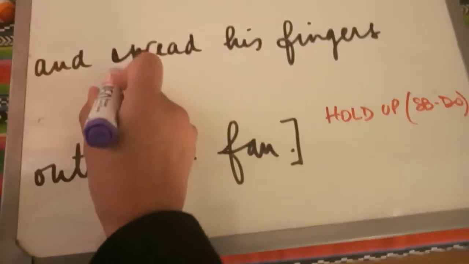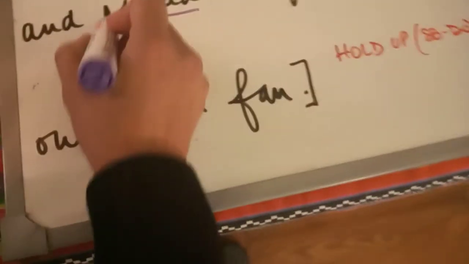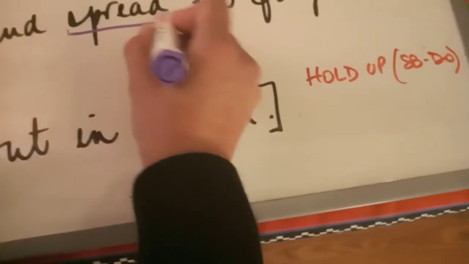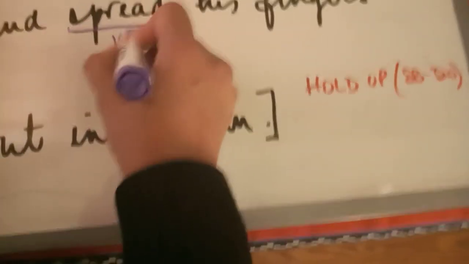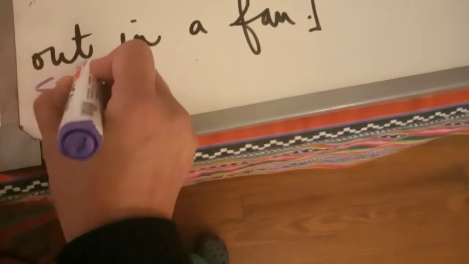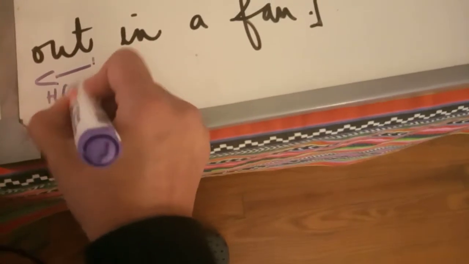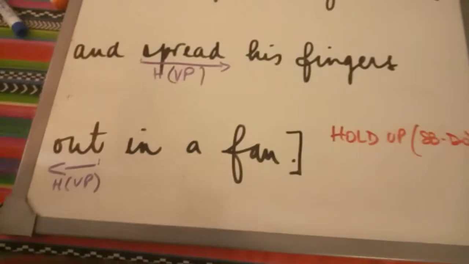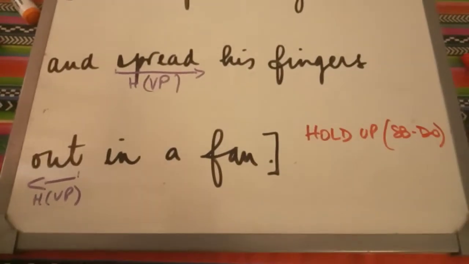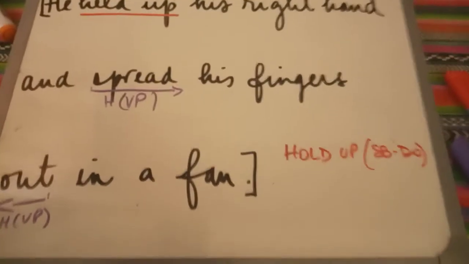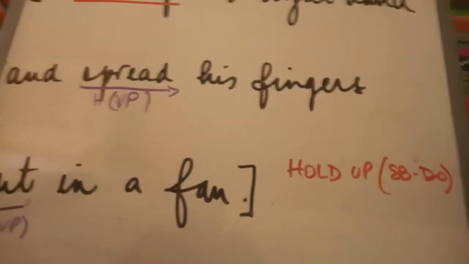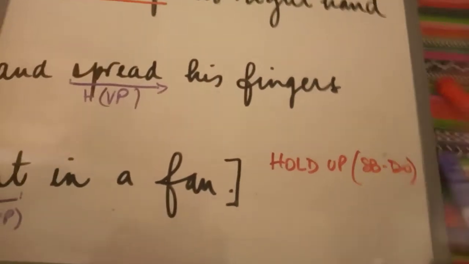And then we have another phrasal verb here, which is separated, okay? So you have verb phrase, well, head, verb phrase, now I'm going to write it down, and head, verb phrase, okay? You see? This is a characteristic of phrasal verbs.